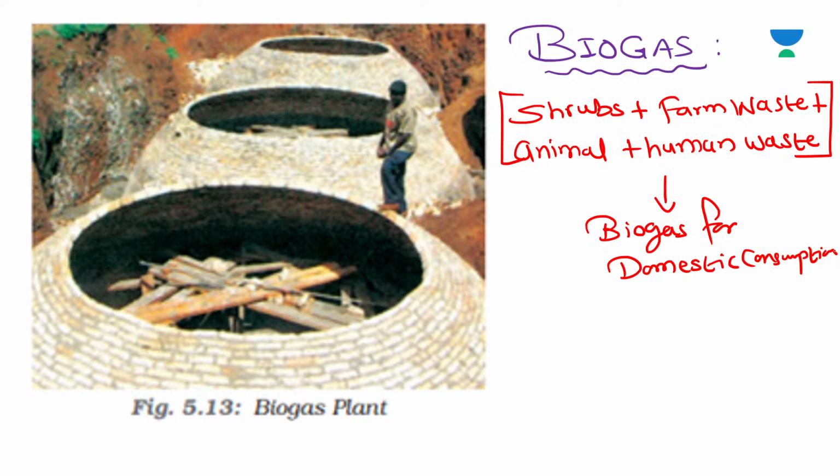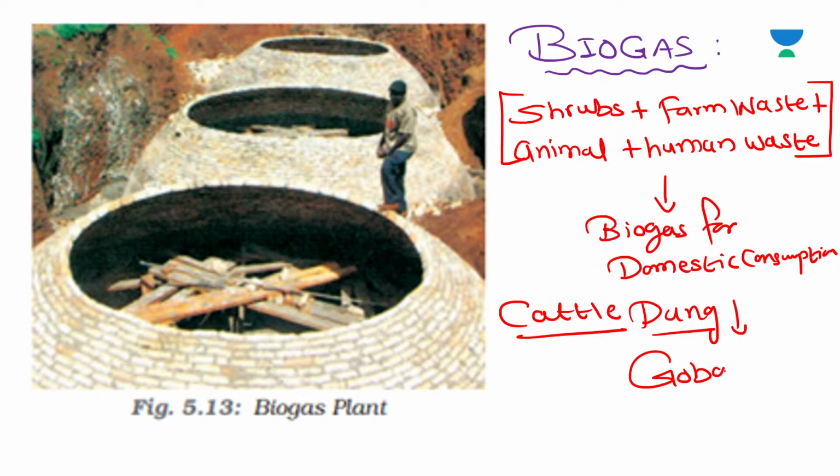The plants using cattle dung are known as gobar gas plants in rural India.